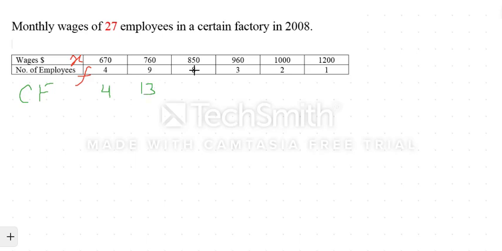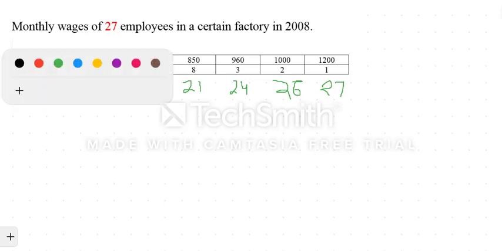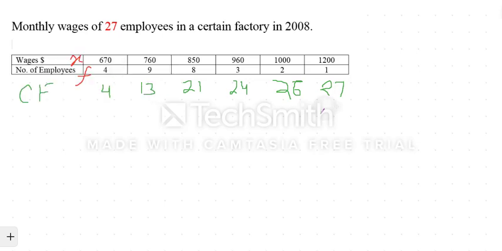Then we add 13 with this 8, it is 21. 21 plus 3, 24. 24 plus 2, 26. And 26 plus 1, 27. You can see here, this is 27, and this 27 is n.